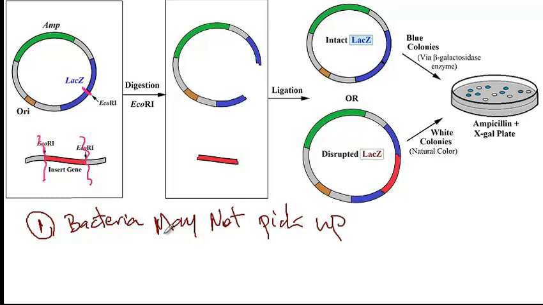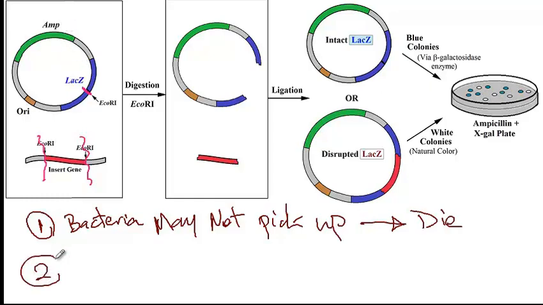So what happens here? Our culture plate has ampicillin added to it. Anyone who doesn't pick up this plasmid doesn't have the resistance gene to ampicillin, so they will all die. So any bacteria that doesn't pick up our plasmid will not show up on our plate, because ampicillin will kill them. The ones that show up already have the ampicillin resistance gene.